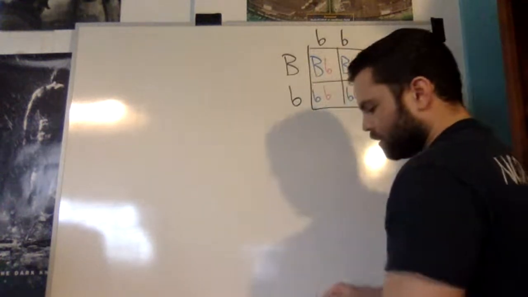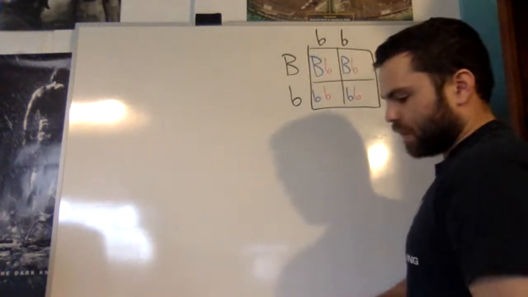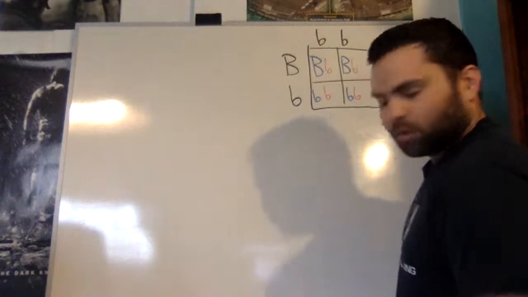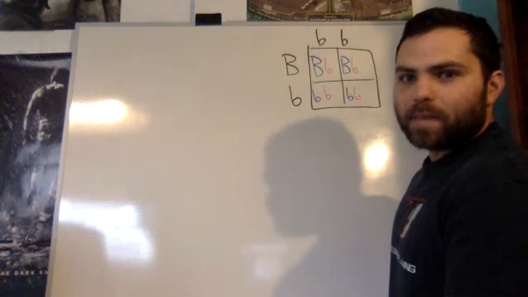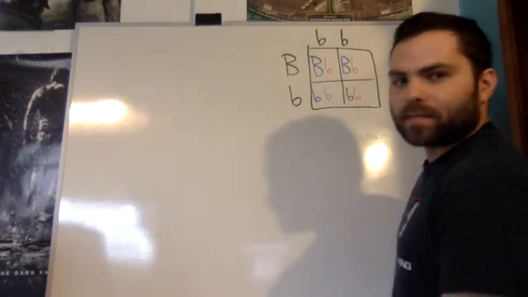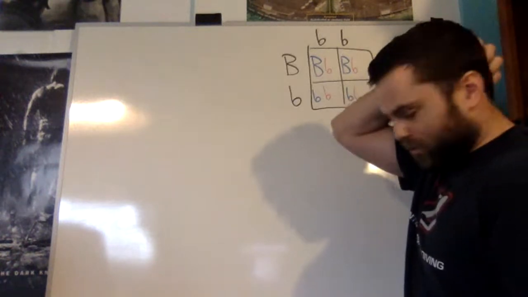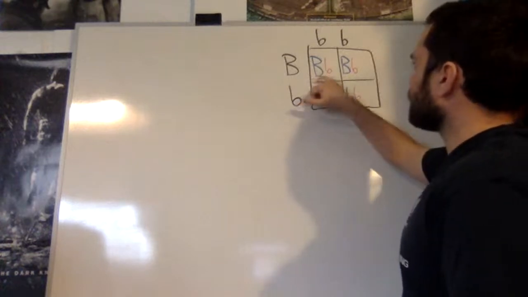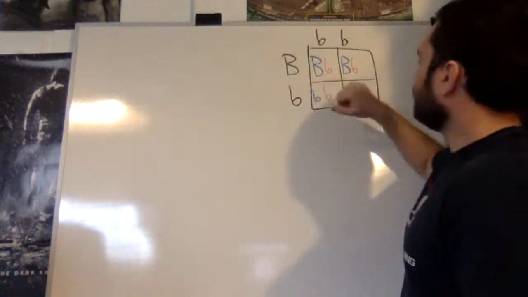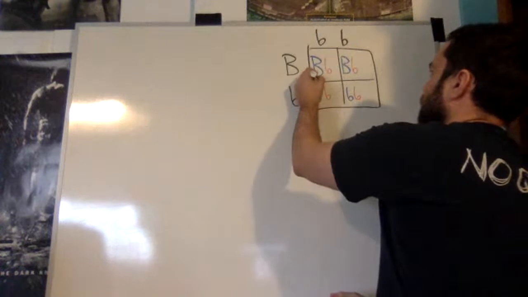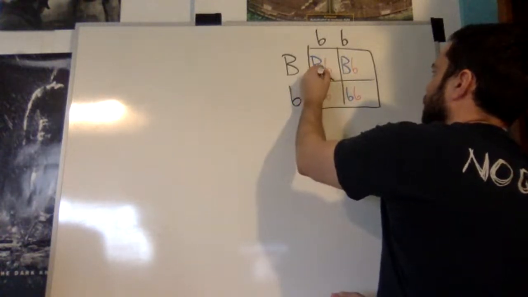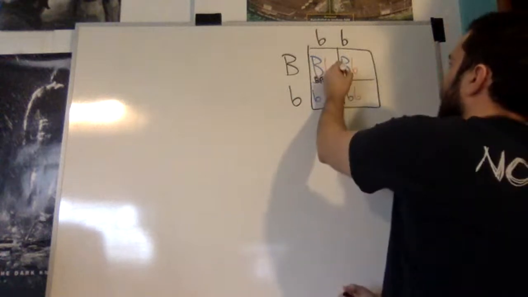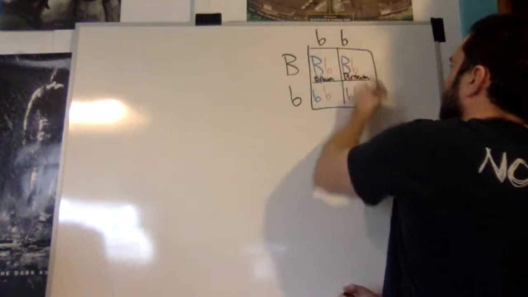Okay? So now the question's asking us, what percent will their child have blue eyes? Blue eyes is a recessive. So every time there's a lowercase b only in the box, that means it's going to give blue eyes. Okay? So we got capital B, lowercase b. So that's going to be brown eyes. Then we got capital B, lowercase b, brown again.